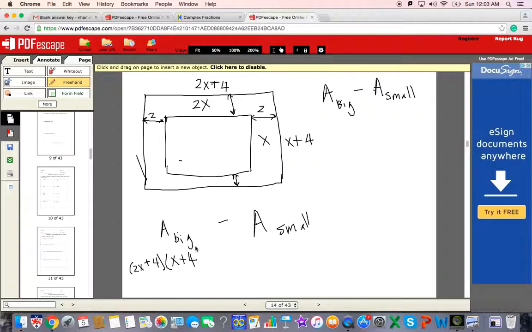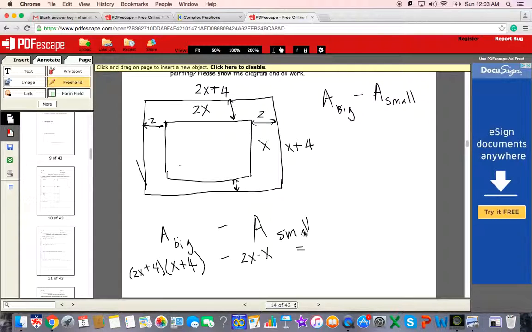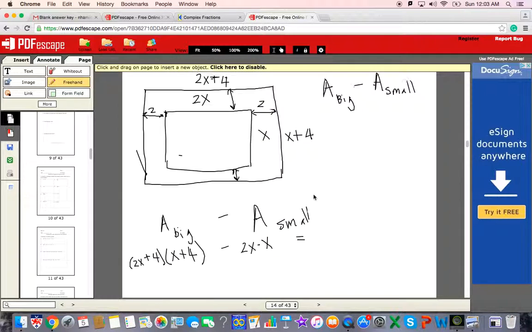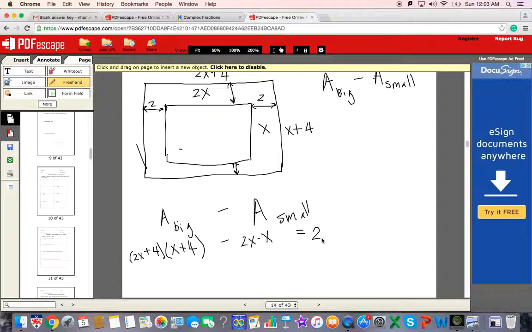Minus the area of the small rectangle. The small rectangle is 2x times x. The area is base, which is 2x, times height, which is x. So when you subtract that, you get the area of the border. And they kindly told us that the area of the border is 232 inches squared. So that's equal to 232.